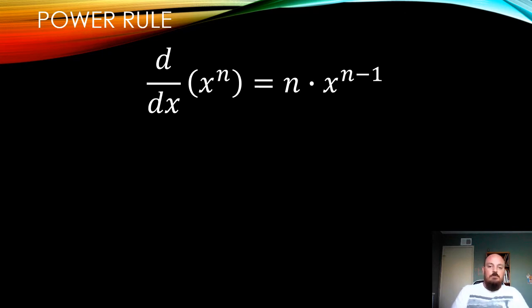What you do is you take whatever the exponent n is, and you multiply by that. Then you subtract 1 from the exponent. And that's it, you're done in those two very easy steps.